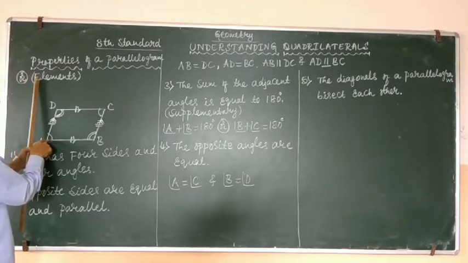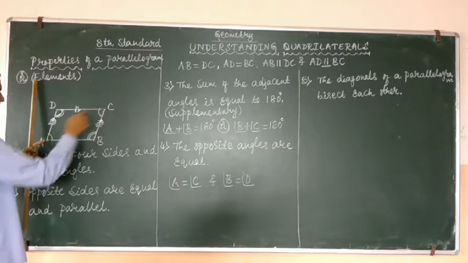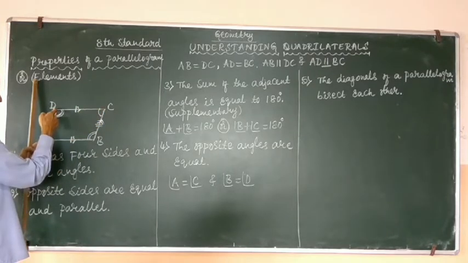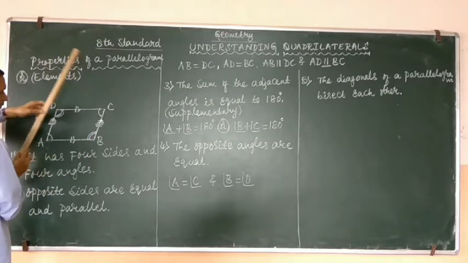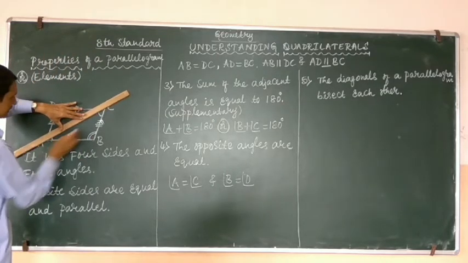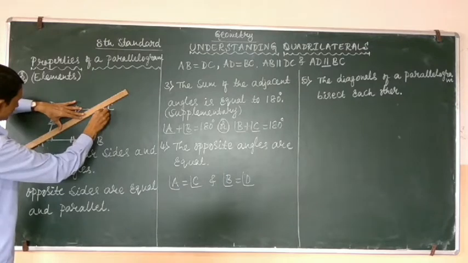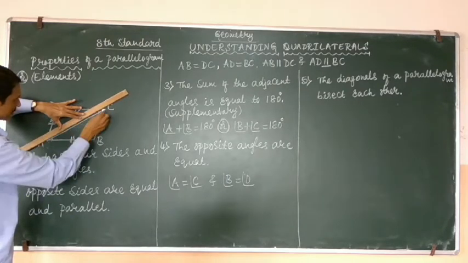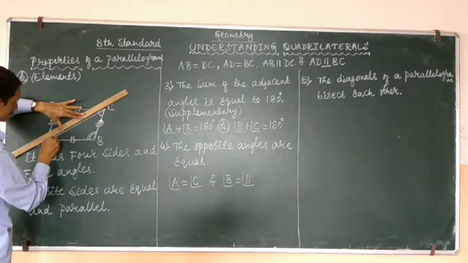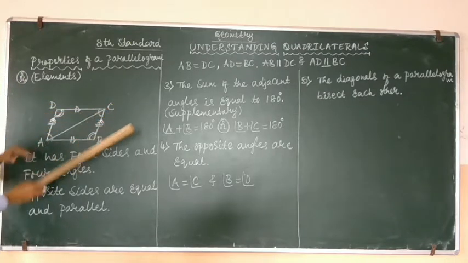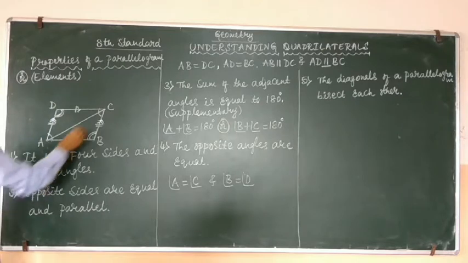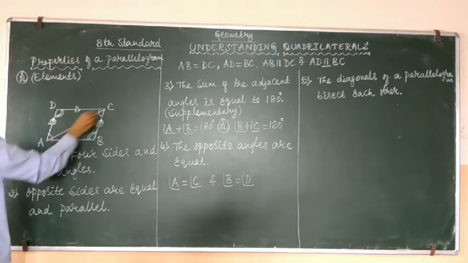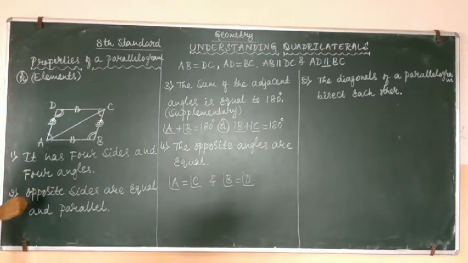So here the vertices A and C are opposite to each other. Similarly, vertices D and B are opposite. So the line joining the opposite vertices of a parallelogram is called a diagonal.